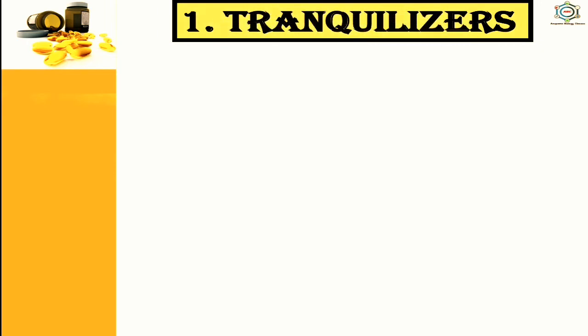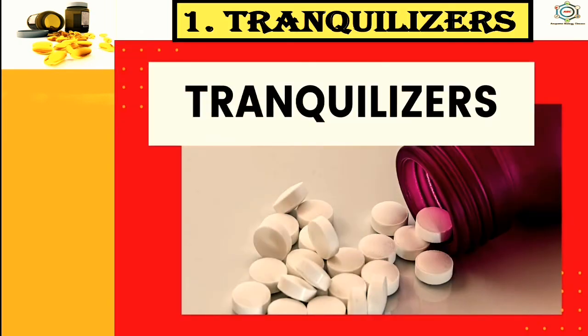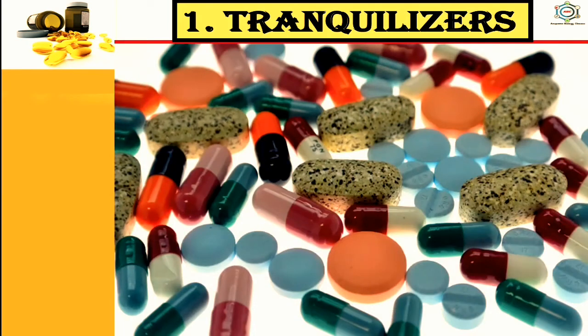So the first one is tranquilizers. What are tranquilizers? Tranquilizers lessen tension and anxiety and promote calmness and soothing without sedating or depressant effect, and do not induce sleep. Phenothiazines and benzodiazepines are examples of tranquilizers. First, phenothiazines.